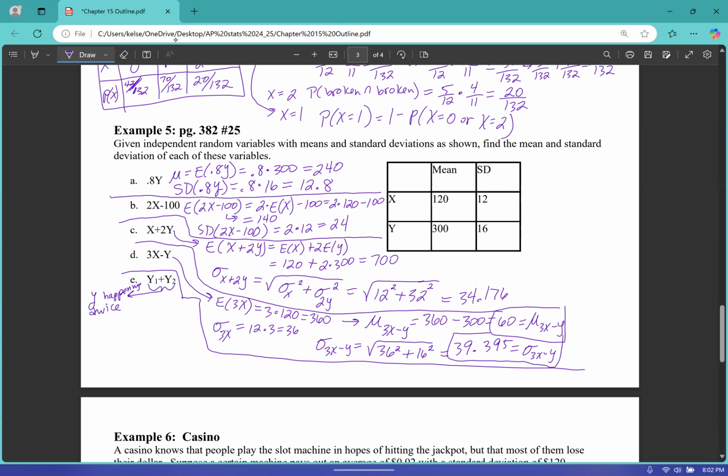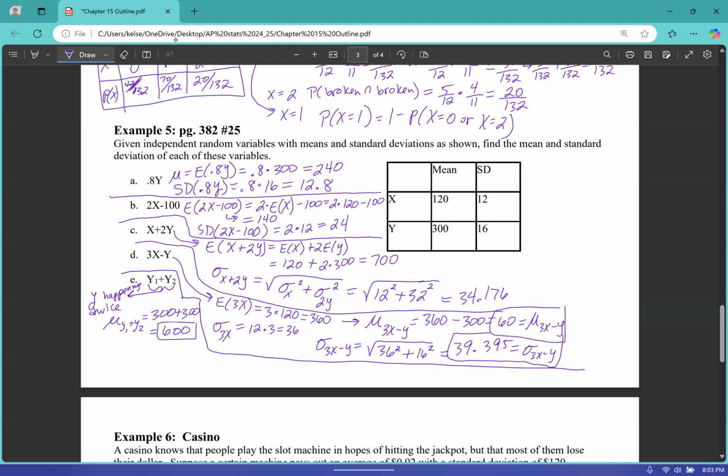So for the mean, it would be the mean of y1 plus y2. Whenever you're adding independent random variables, you just add their means. So 300 plus 300 is 600. That's the mean of y1 plus y2.